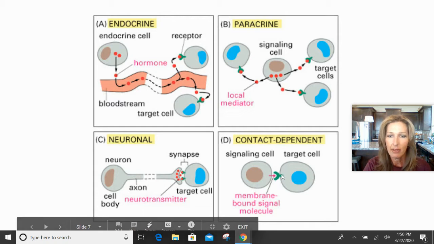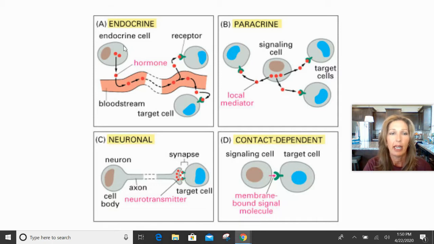We have to have these receptor proteins that are on the plasma membrane of cells. And so it's through these that cells can communicate with each other. Now, we can have through long-distance endocrine responses where hormones are sent through the bloodstream in order to reach a target cell. Target cells have the correct receptor to match the signal molecule.